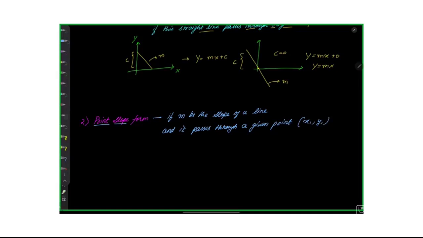Then the equation of a straight line can be written as: now you have been given a point and you have been given a slope, right? So the equation is y minus y1 equals m times x minus x1, right?